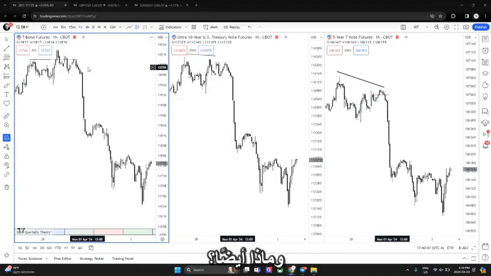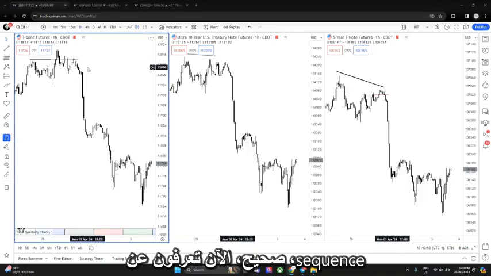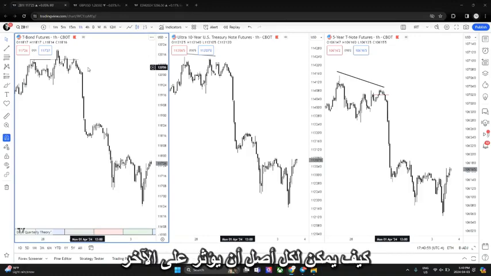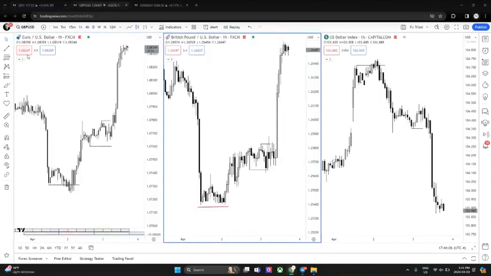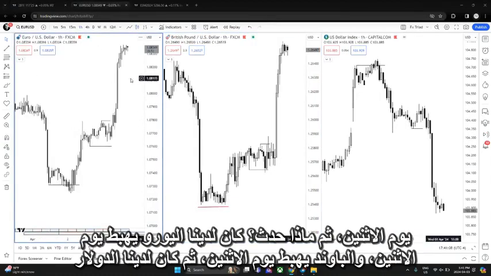And what else? Now you know about intermarket sequential SMT. Right? Now you know about how each asset can affect the other. Bonds fell here on Monday. Then what happened? We had EU falling Monday, GU falling Monday.